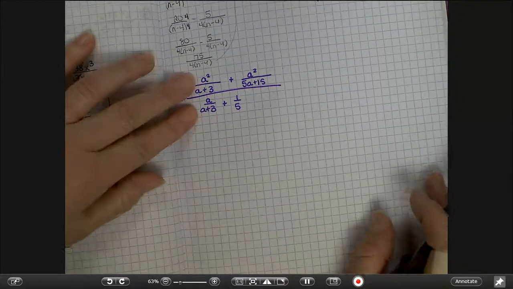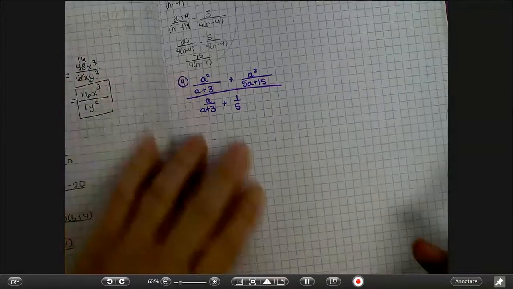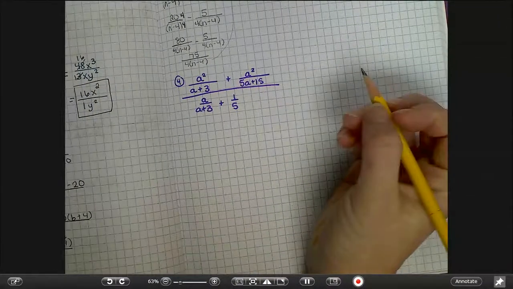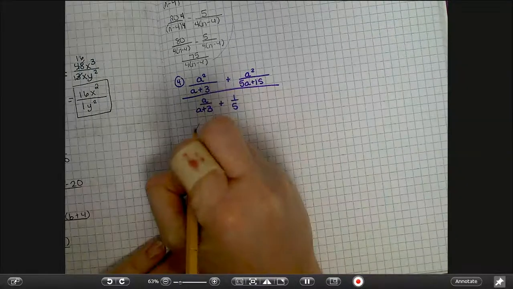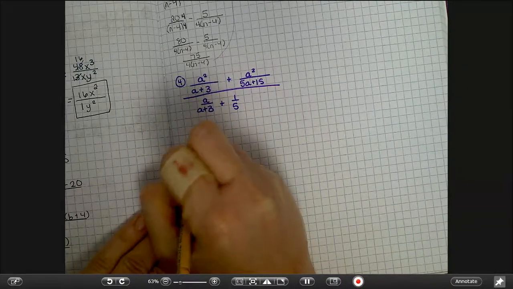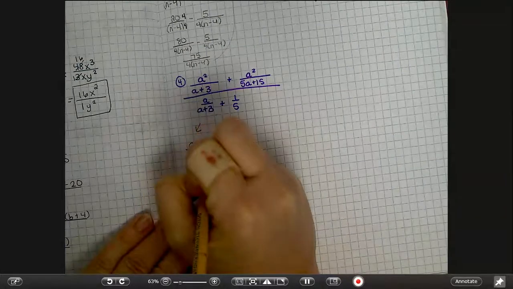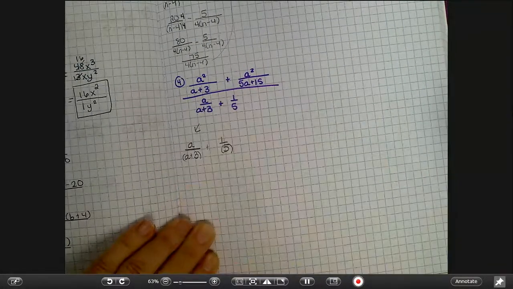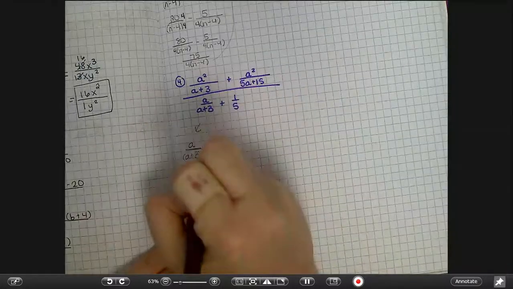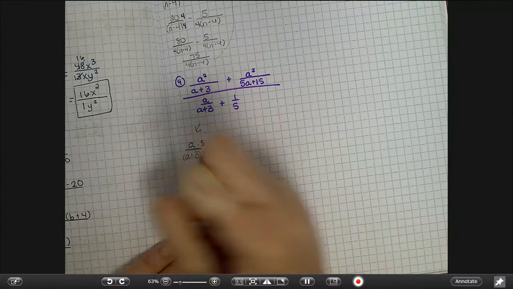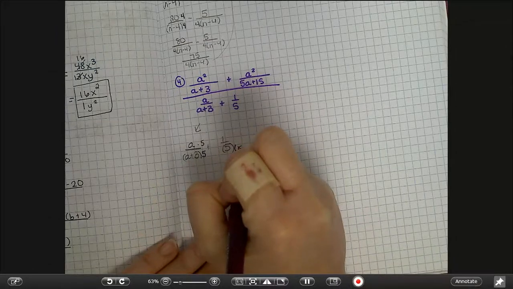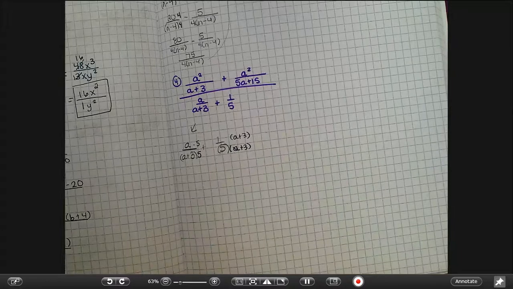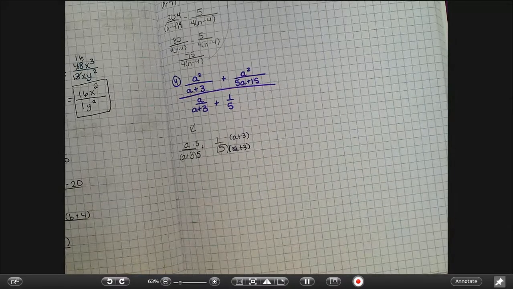We have a fraction in the numerator and denominator, so I'm going to pull those off to the side also. I'm going to do the denominator down here. We have a over a plus 3 plus 1/5. We need a common denominator, so I'm going to multiply this fraction by 5, and I'm going to multiply this fraction by a plus 3. Remember, numerator and denominator get multiplied by the same thing.